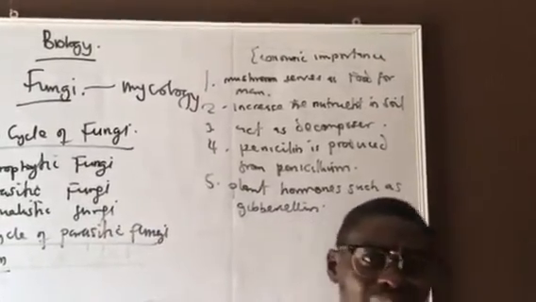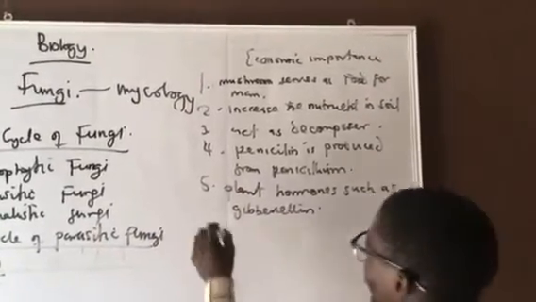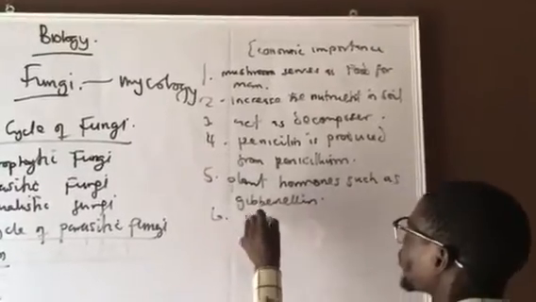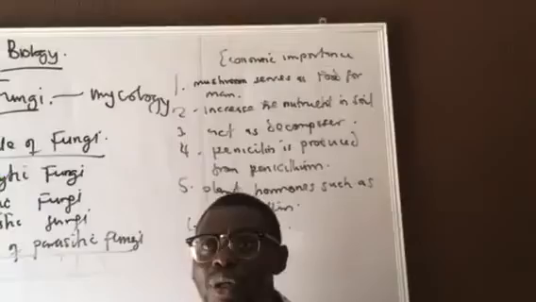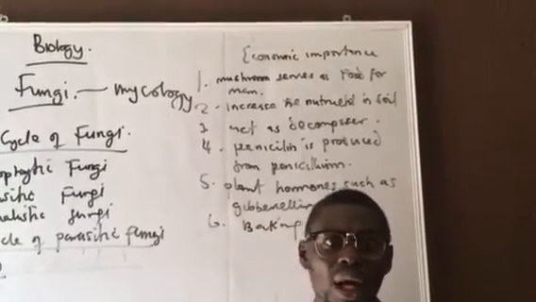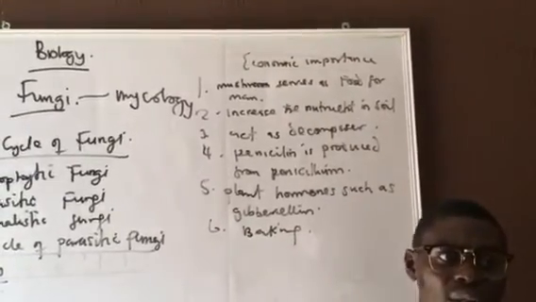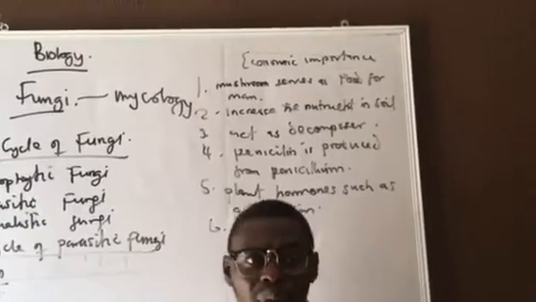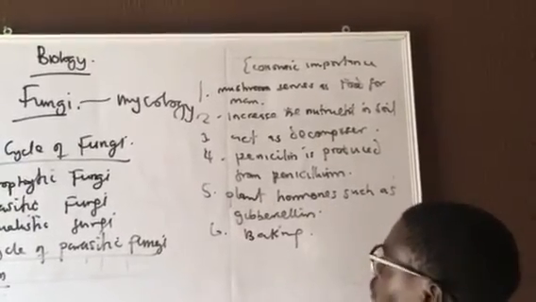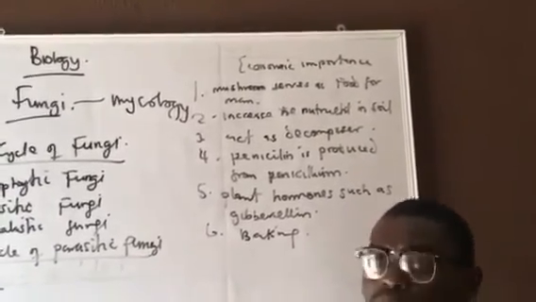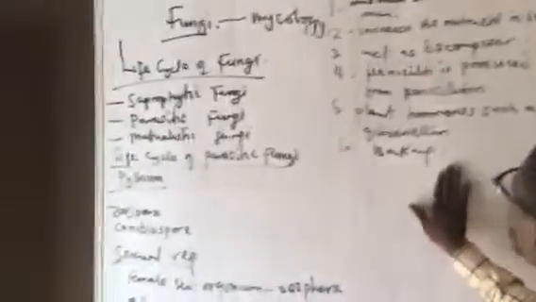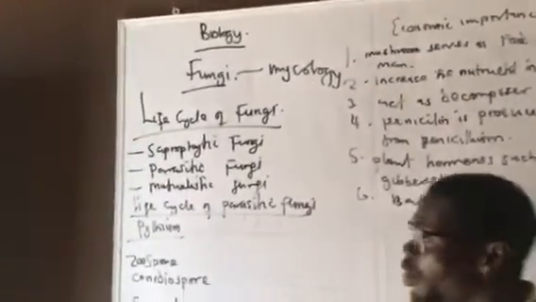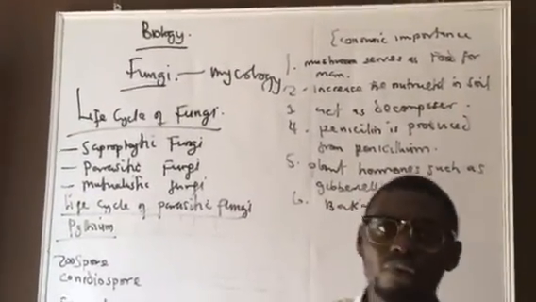They are used in baking, for example, yeast. They can also be used in the pharmaceutical industry. They can be used in medicine. Those are the common economic importance of fungi.